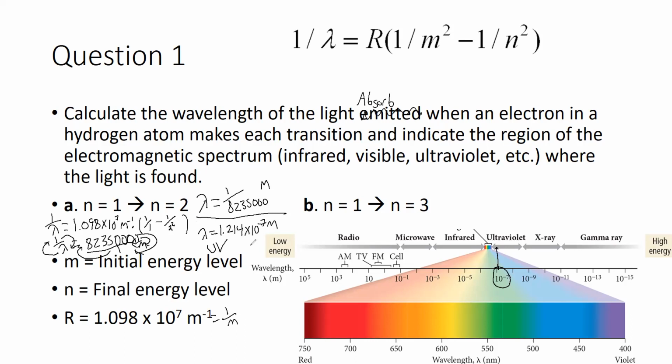That's what this means. So if I was to look at the absorption spectra for hydrogen, I would expect a dark band right here in the UV range, because hydrogen will constantly absorb that light, right? And making that first to second energy level transition.